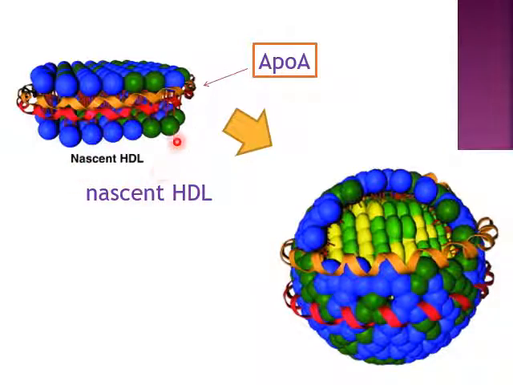Nascent means newly made, and then after it is circulated in the blood and through the metabolism of cholesterol, it absorbs cholesterol and esterifies and transfers the cholesterol into its core, and then it takes this spherical, ball-shaped form when it is full of cholesterol. So this is nascent HDL, and this is the mature HDL.